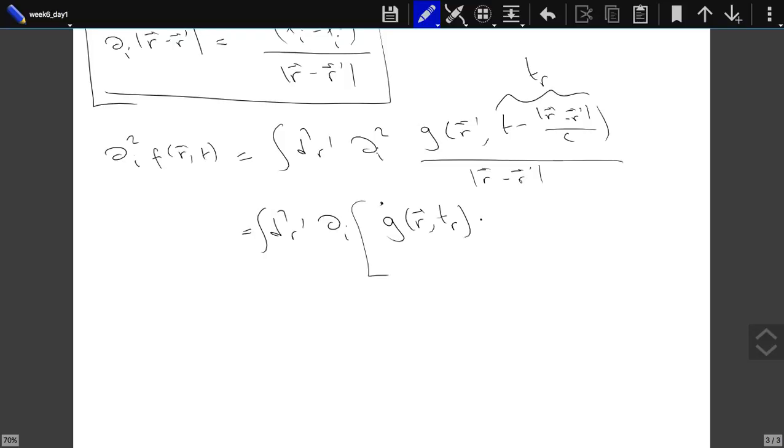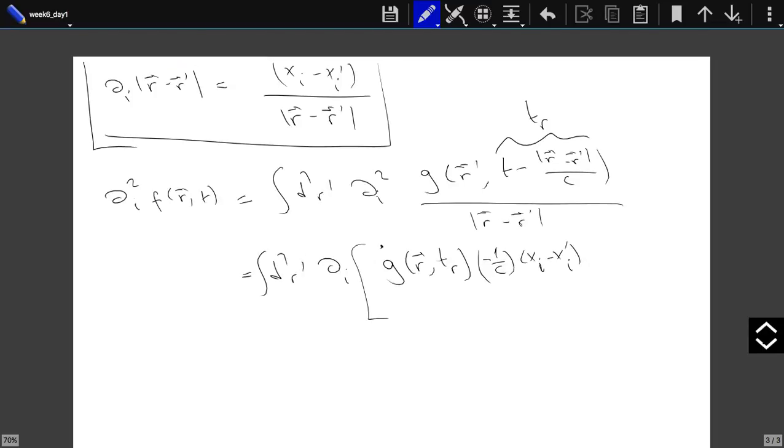Well, that will just give me minus 1 over c times xi minus x prime i divided by the magnitude of r minus r prime, times 1 over the magnitude of r minus r prime.